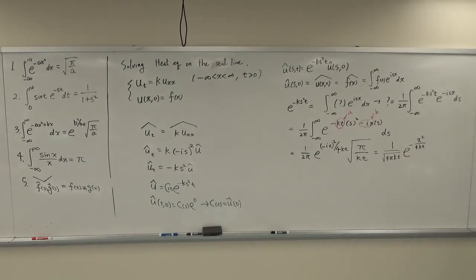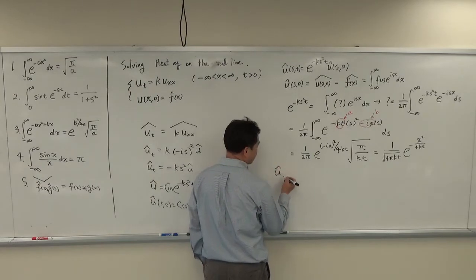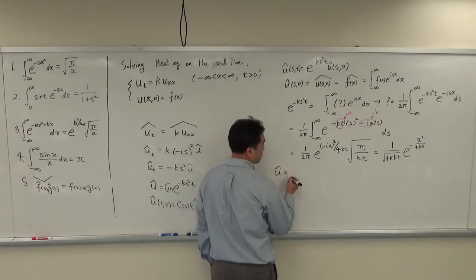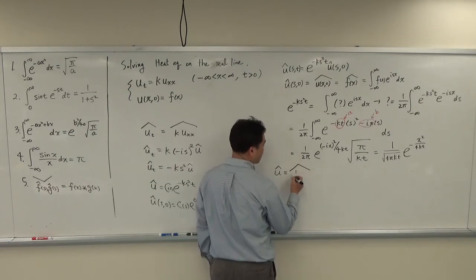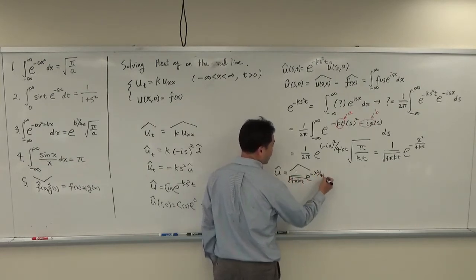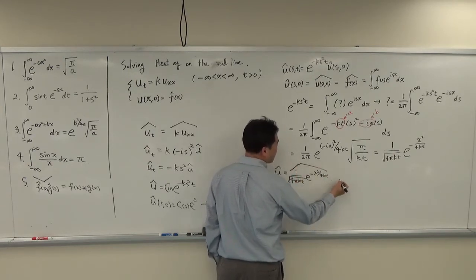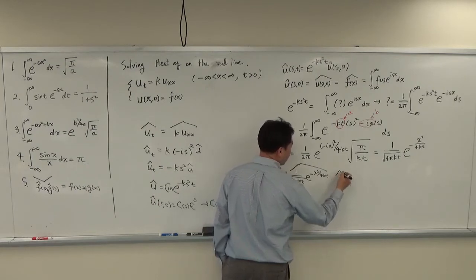All right? And therefore, we have the following. u hat is equal to the hat of 1 over the square root of 4 pi kt, e to the negative x squared over 4kt, times f hat of x.